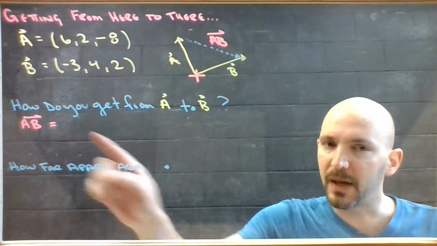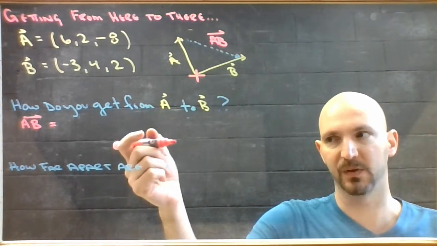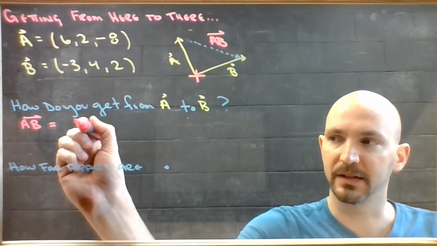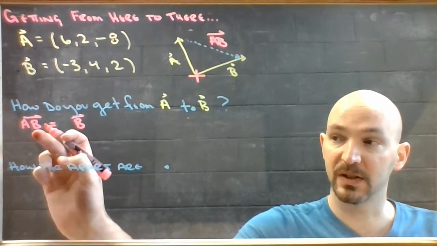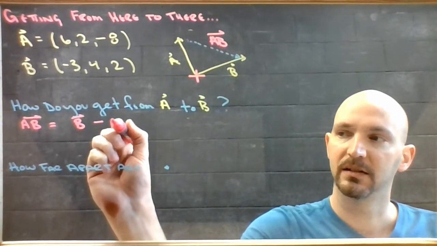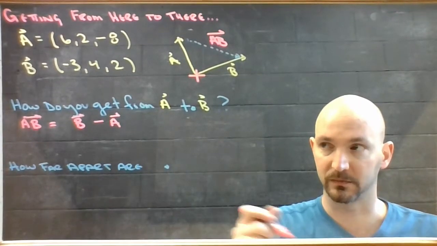So to get from A to B, the way you calculate this, sort of, if you want a formula, is you take your endpoint, the place where you stop, and then you subtract the place where you started.